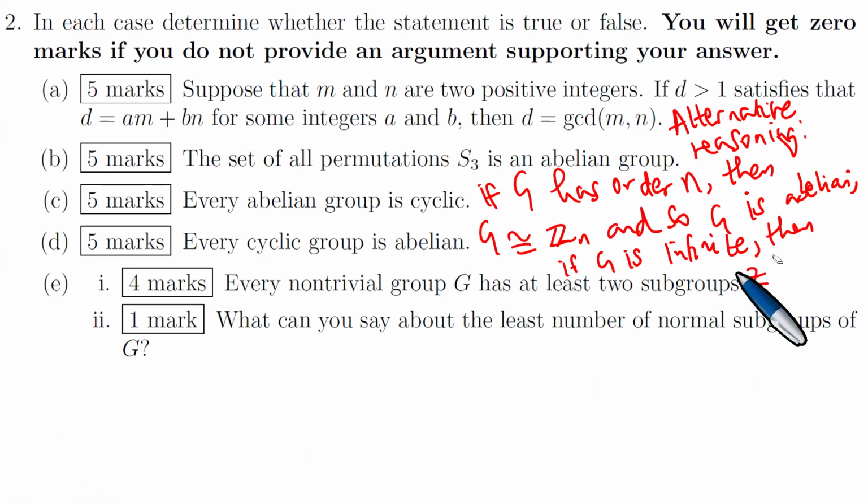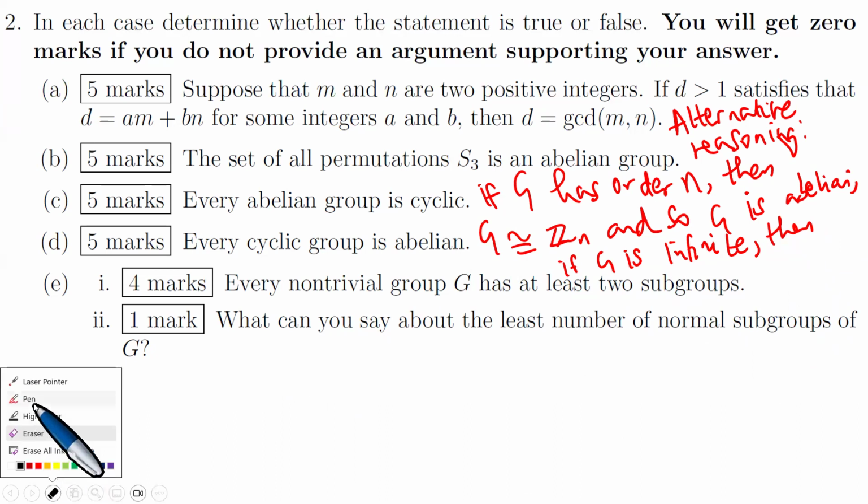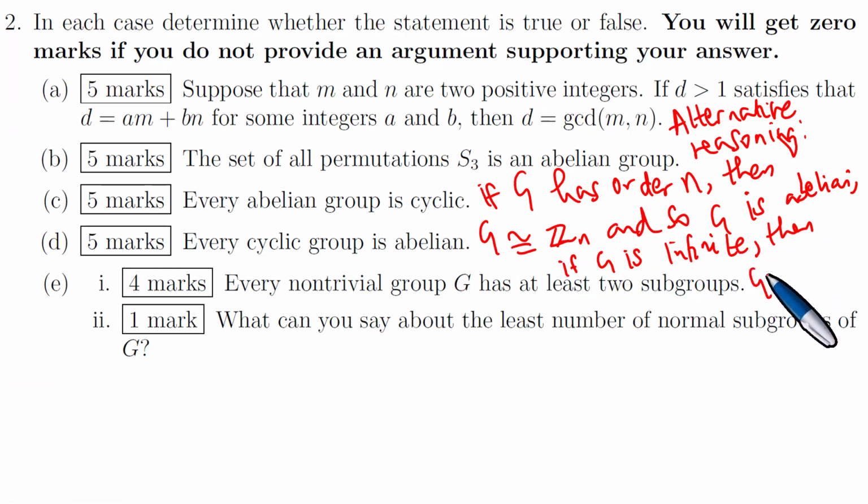If G is infinite, then it is isomorphic to the set of all integers.